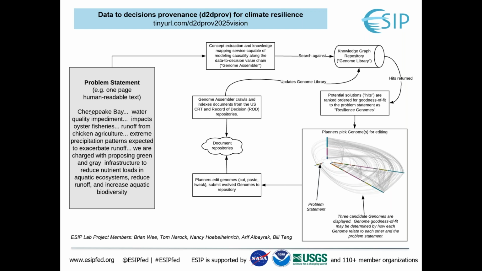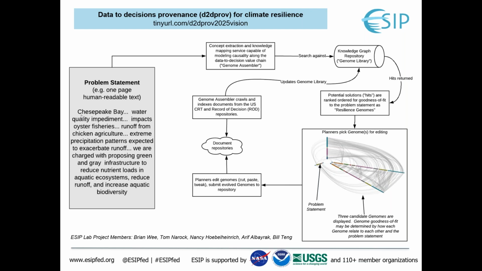So feed the machine a one-page readable text that describes something like, we use the case of climate resilience in the Chesapeake Bay. Again, this is something we're going to return to in the concept map soup. So you will describe the problem that you are trying to solve in the Chesapeake Bay with respect to climate resilience.